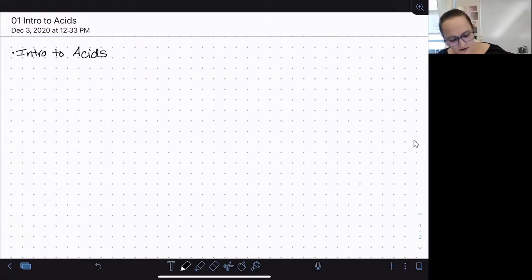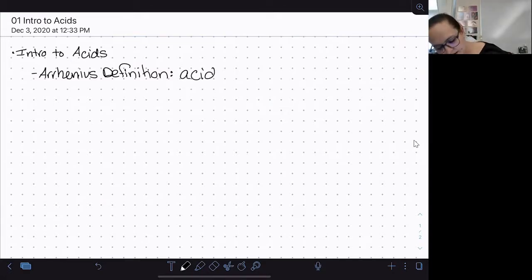The two that are most applicable to us are the Arrhenius definition and the Bronsted-Lowry definition.